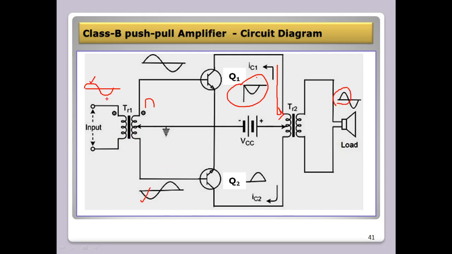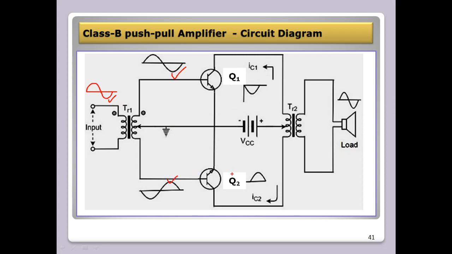During the negative half cycle, the base of the Q2 is negative and the base of the Q1 is positive.